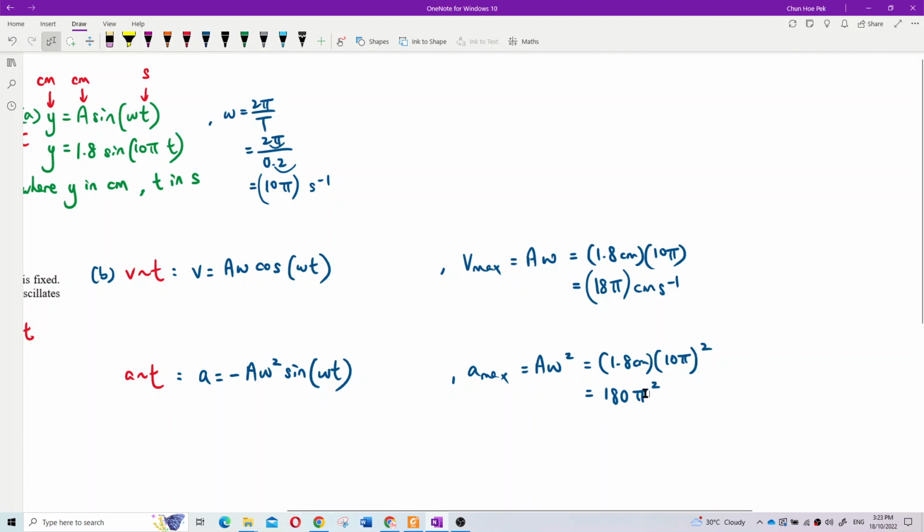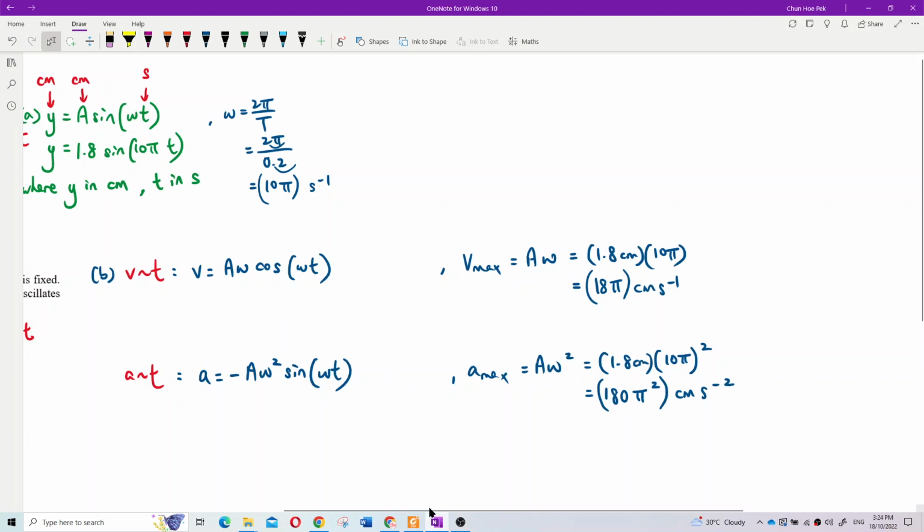So you get 180 pi square, in centimeter per second square. Normally it's meter per second square, but this one is centimeter, so you use centimeter per second square.